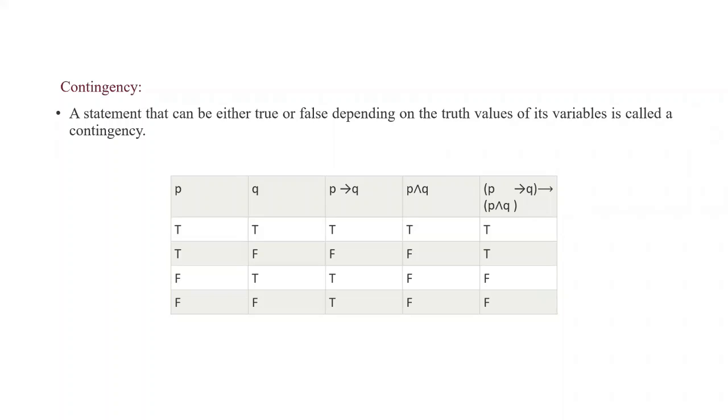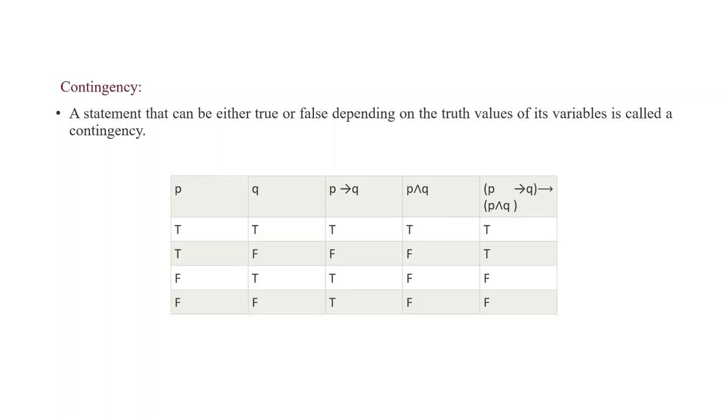In a contingency, a statement can be either true or false depending on the truth values of its variables. It's called a contingency. Here, the final column is a mixture of truth values, either true or false.